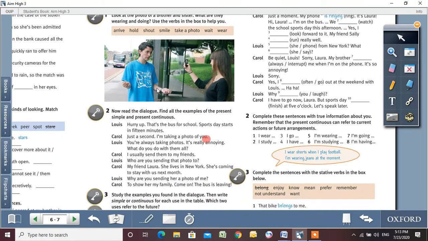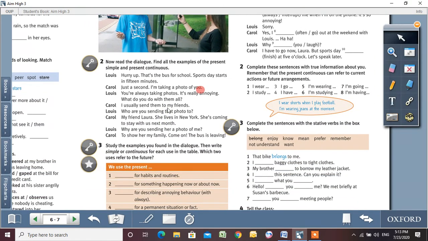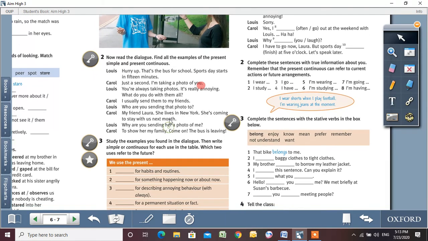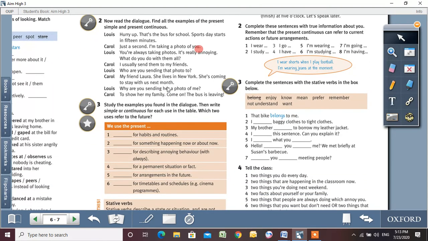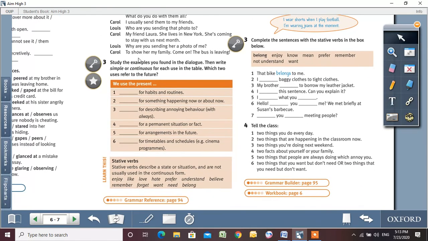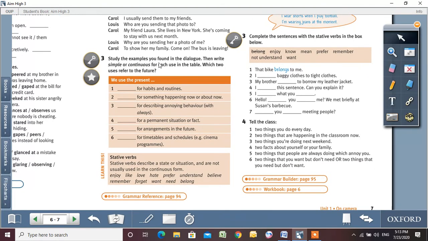We compared between both the present simple and present continuous tense. Let's answer exercise 3. Study the examples you found and then write simple or continuous for each use in the table. Which two uses refer to the future?